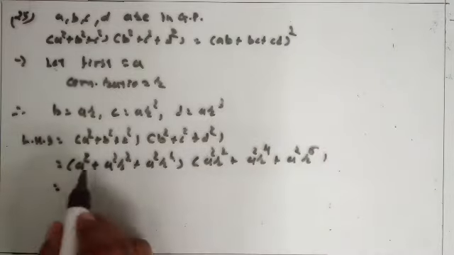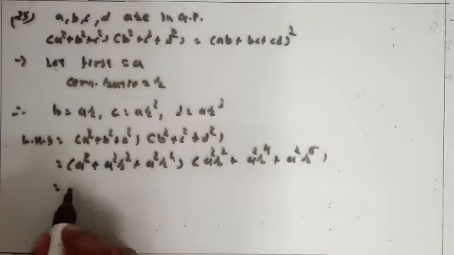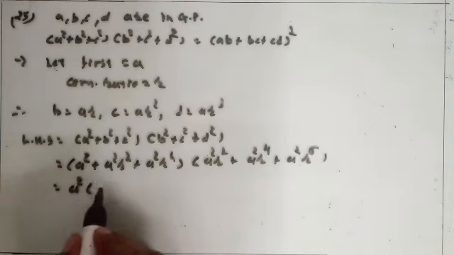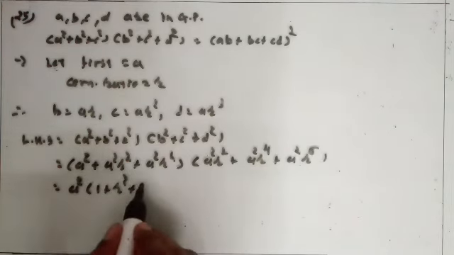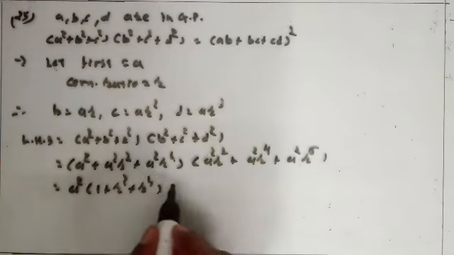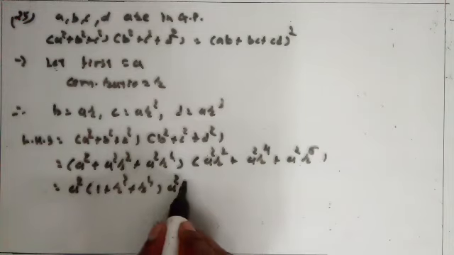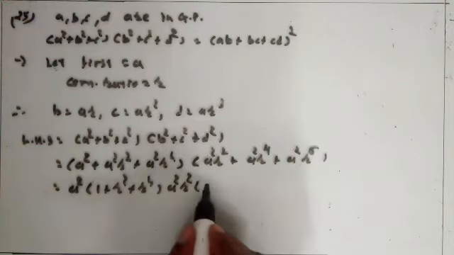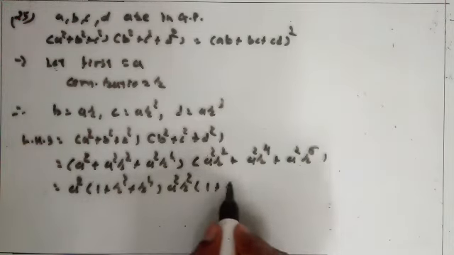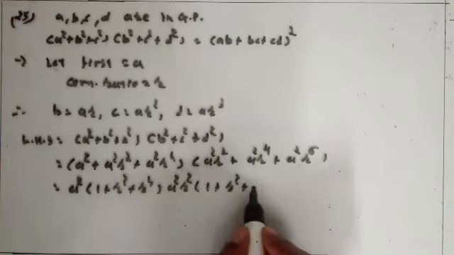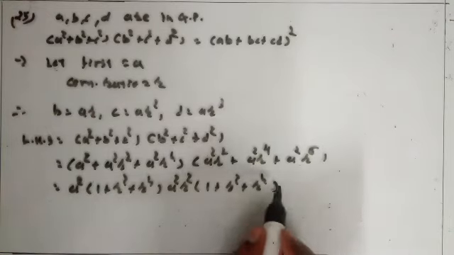So is equal to, now a square take common from the first bracket, we get 1 plus r square plus r raised to 4, into a square r square take common from the second bracket, we get 1 plus r square plus r raised to 4.